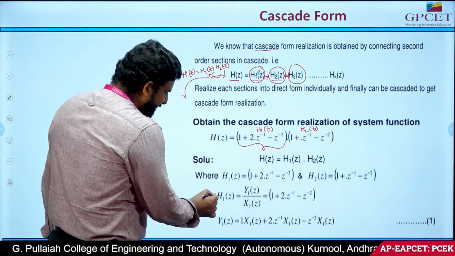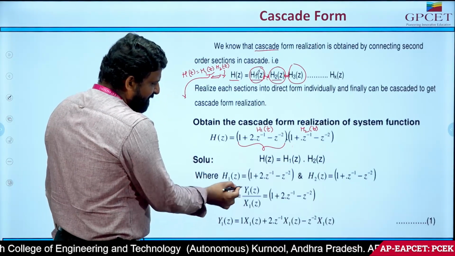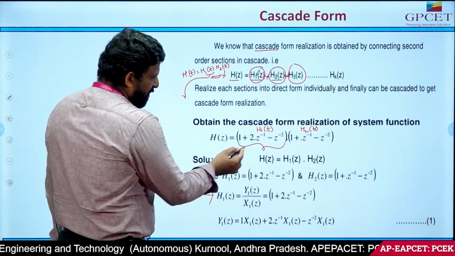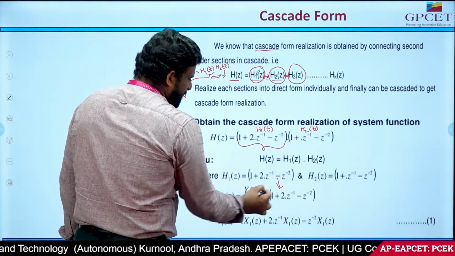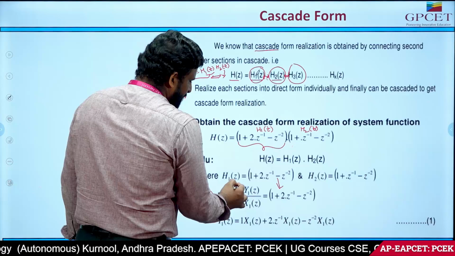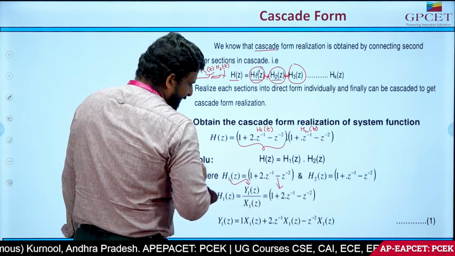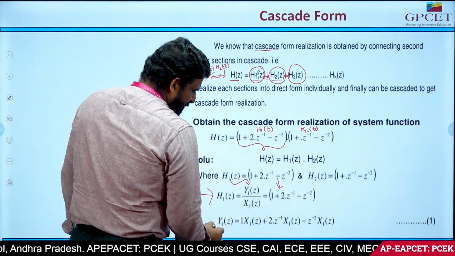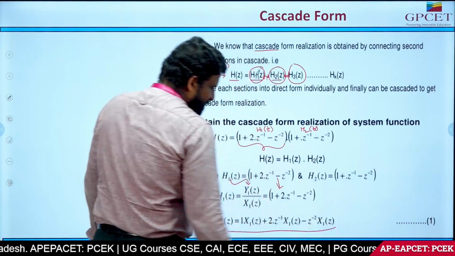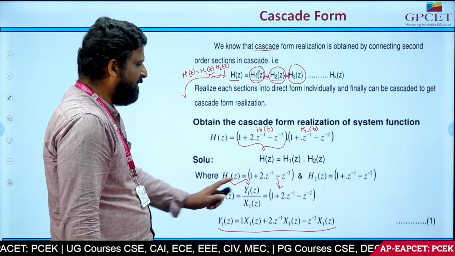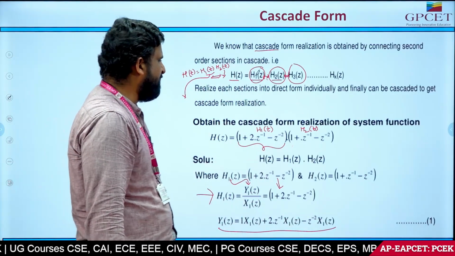First I am considering H1 of Z, where I am writing it as Y1 of Z by X1 of Z. So instead of H1 of Z, it will be Y1 of Z by X1 of Z. Multiplying this term, I got the finalized transformed equation for Y1 of Z. So one equation I got. Let it be the first equation.